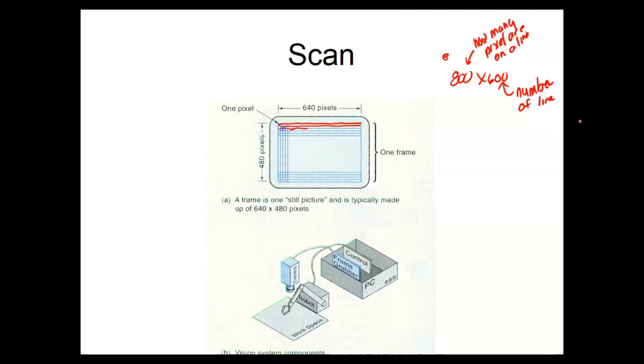Now, what is a pixel? Does anybody know what a pixel is? It basically tells you what it is. A pixel is a picture element.